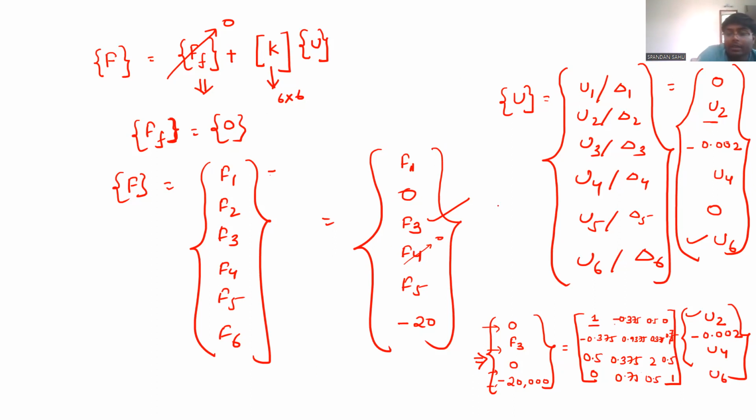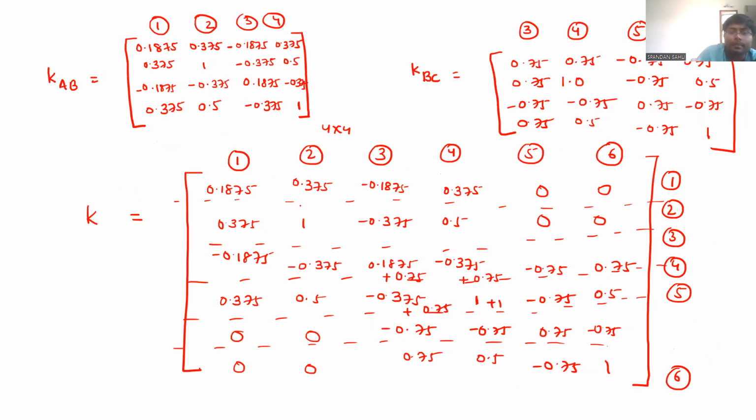Now check. This 0 is equal to 1 times U2 plus minus 0.375 times minus 0.002 plus 0.5 times U4 plus 0 times U6. So how are we writing this?